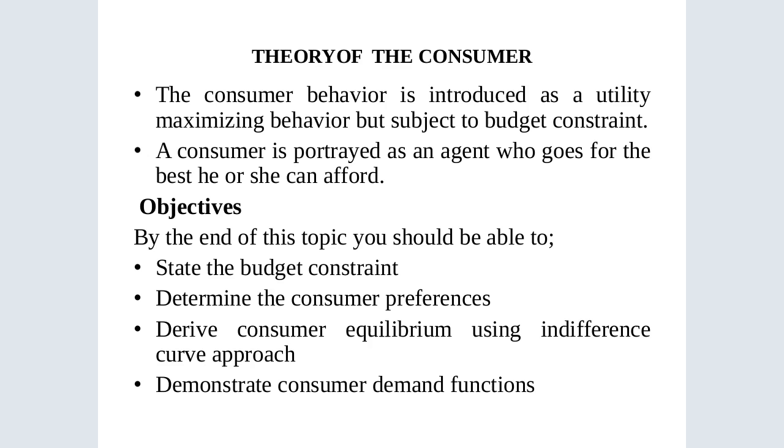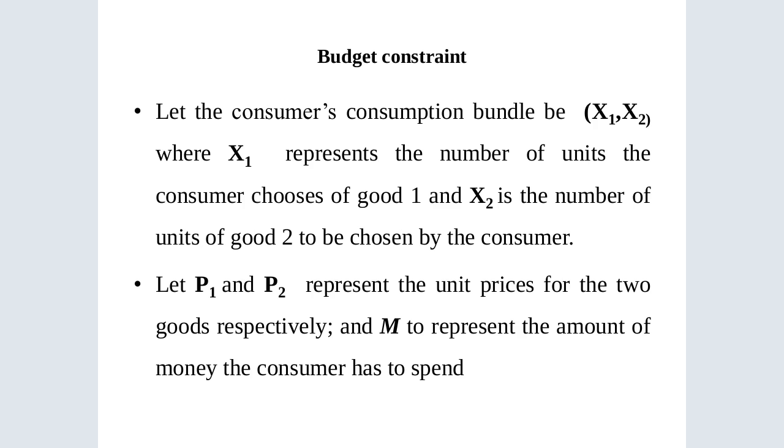Then, you should be able to determine the consumer preferences. Then, you should also be able to derive the consumer equilibrium using the indifference curve approach. And then you should be able to demonstrate the consumer demand functions. So those are the objectives of the topic.